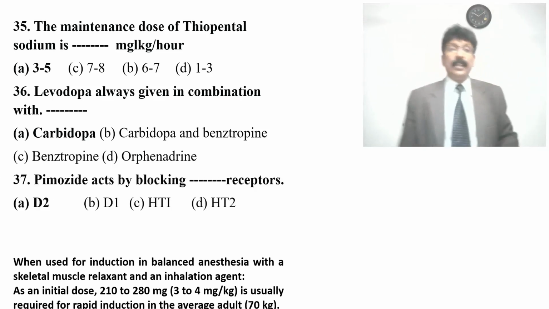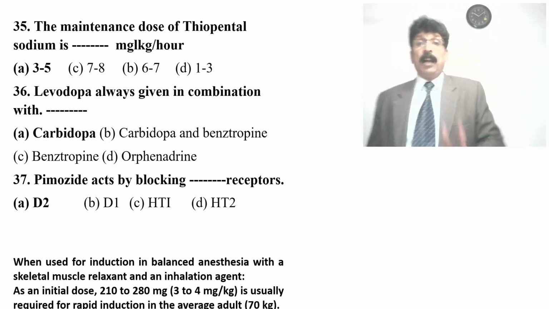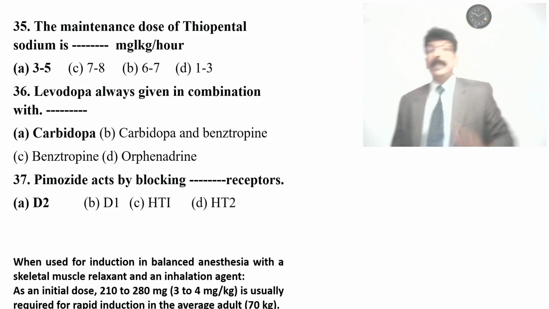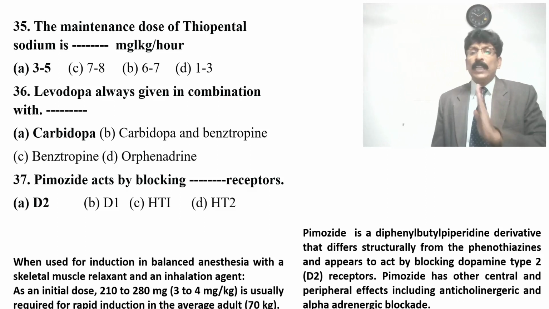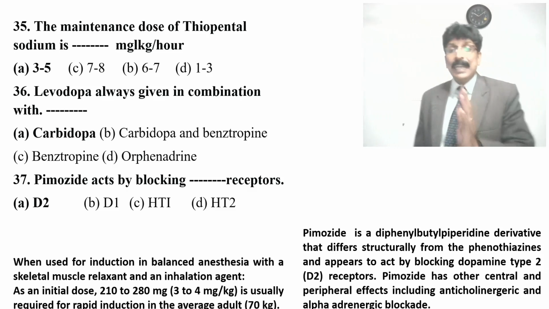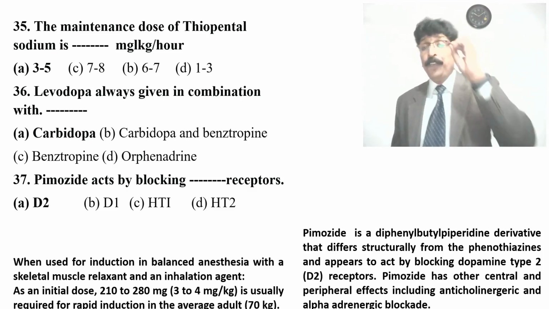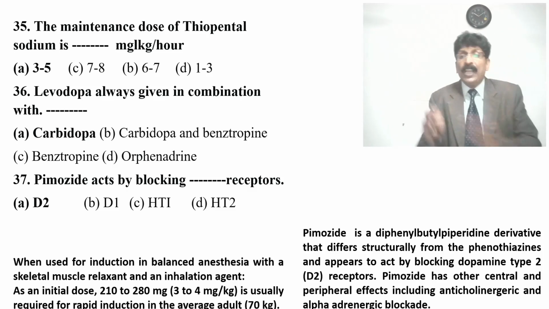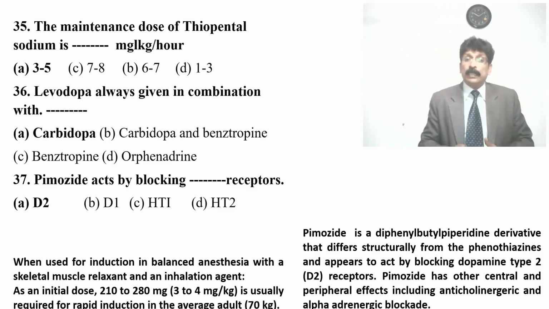The next question is: pimozide acts by blocking what receptor? It can block the D2 receptor. What is pimozide? Pimozide is a diphenylbutylpiperidine derivative that differs structurally from the phenothiazines, the three-membered ring structure, and appears to act by blocking the dopamine type 2 (D2) receptor.